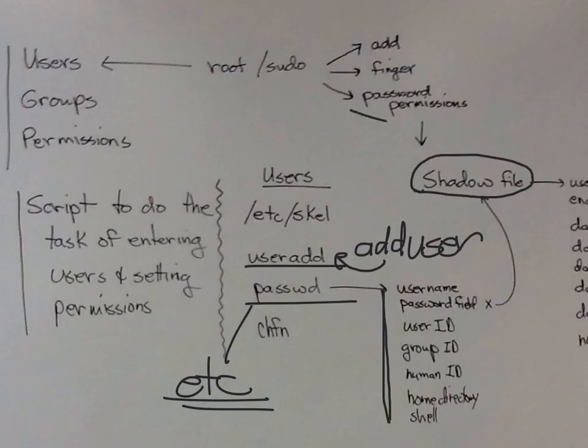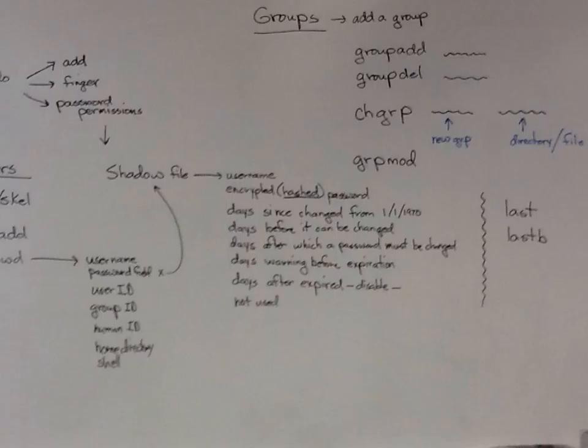What we're going to talk about a little bit are password permissions. The shadow file has a username, the encrypted password, and then information concerning passwords. Let's briefly talk about that.